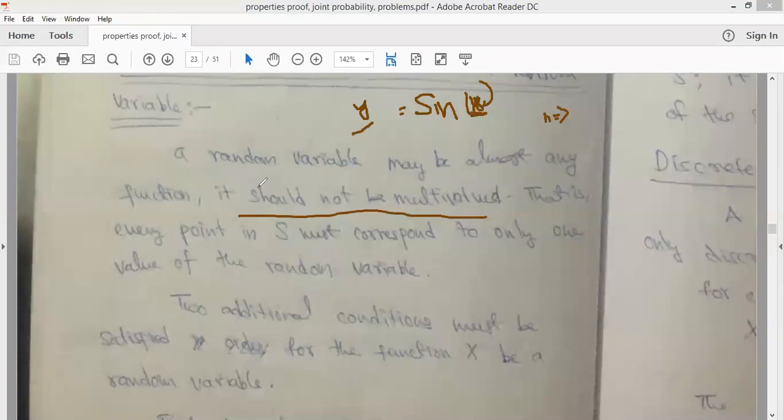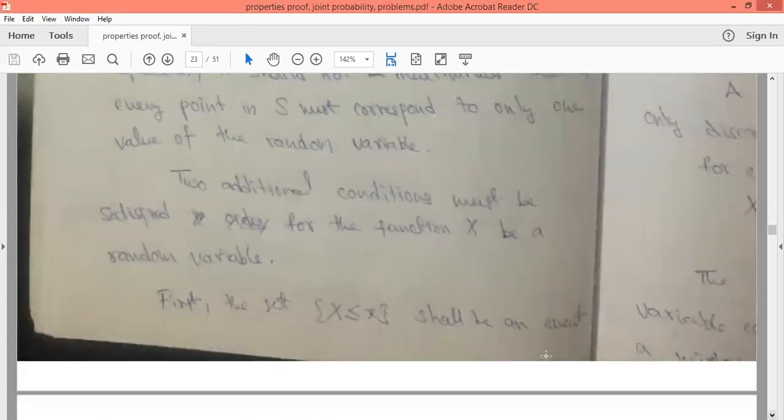So what is the first condition? Whatever function you are taking should not be multi-valued; it should be single valued only. Then the other two conditions are given like this. For example, you have a set {X ≤ x}.